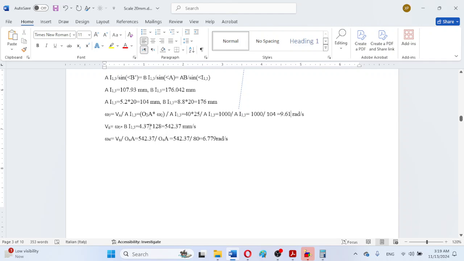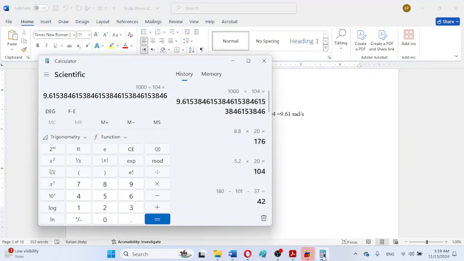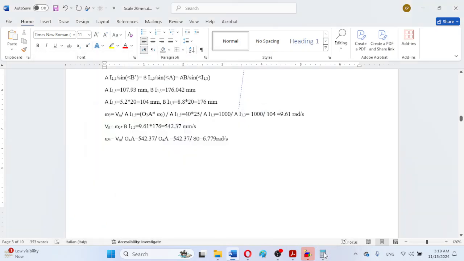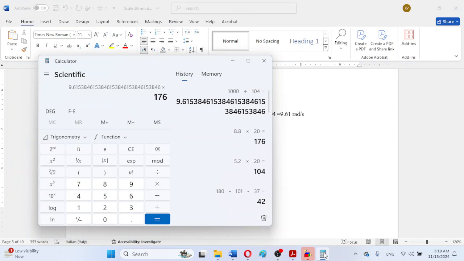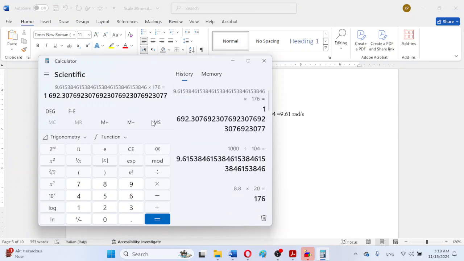And VB, according to scale, will be equal to 9.61 multiplied by BI13, and BI13 here is 176, so type it here. That comes out to be 961 multiplied by 176, which comes out to be 1692 millimeter.